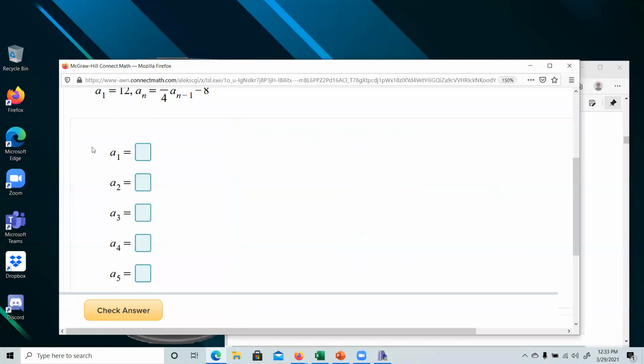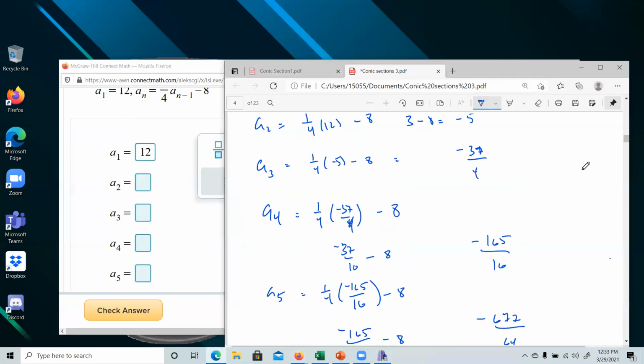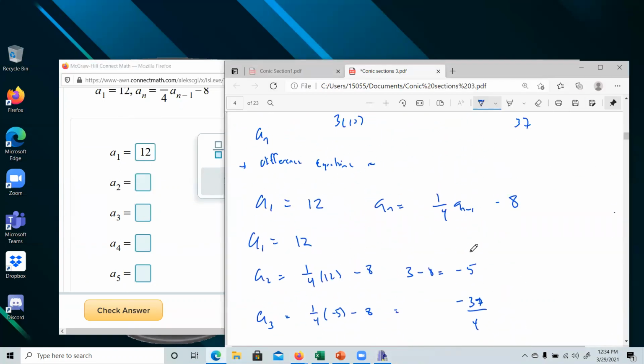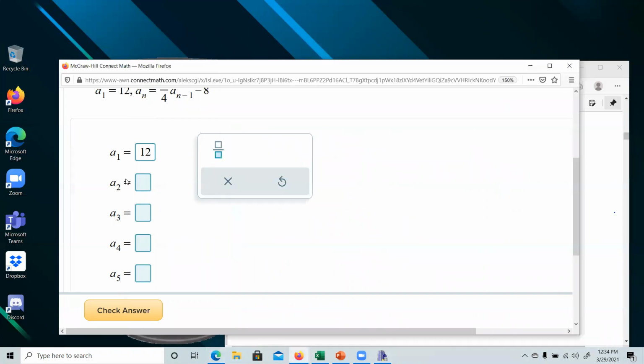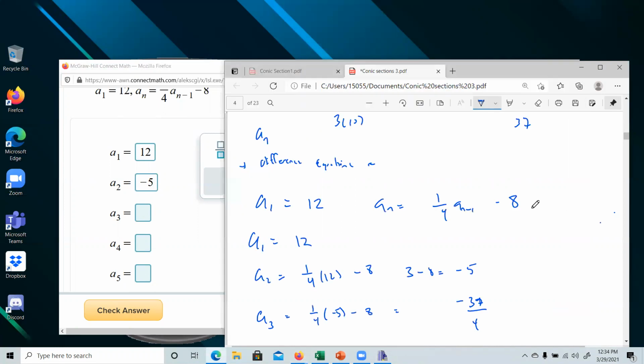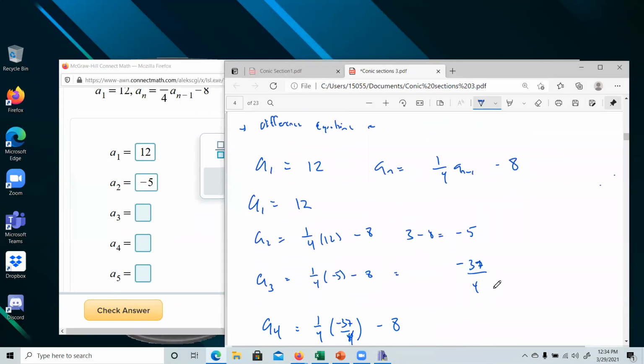All right, so let's go ahead. We got the easy one first, 12. And the second one in the sequence was negative 5. And the one after that, negative 37/4. You can make up your own little Facebook quizzes here, because nobody's going to get these.